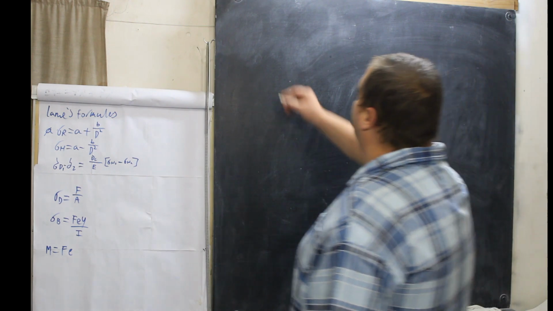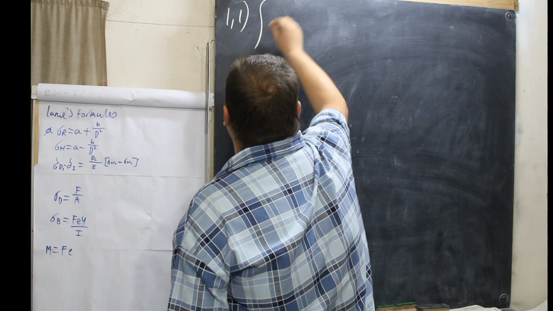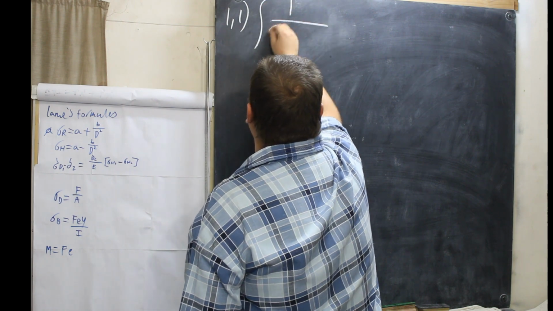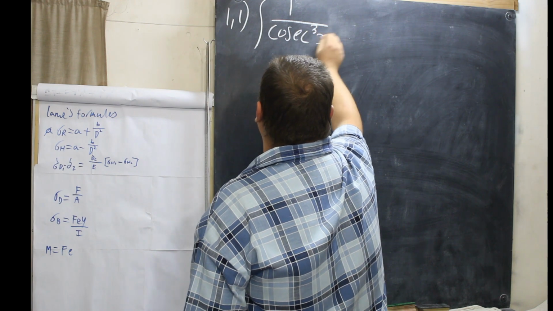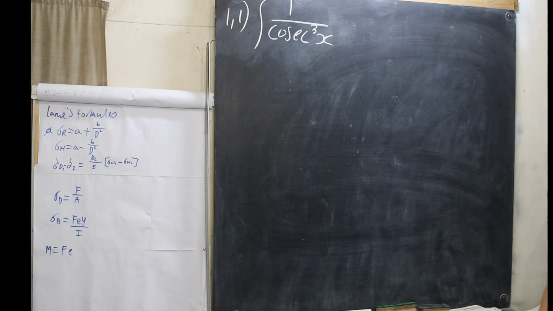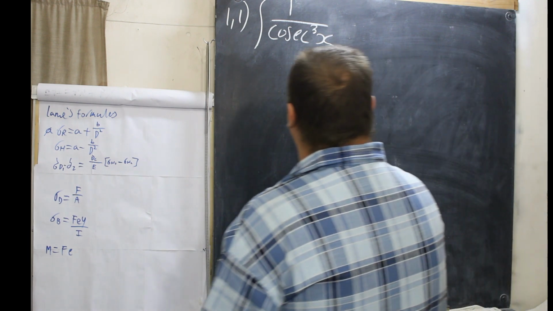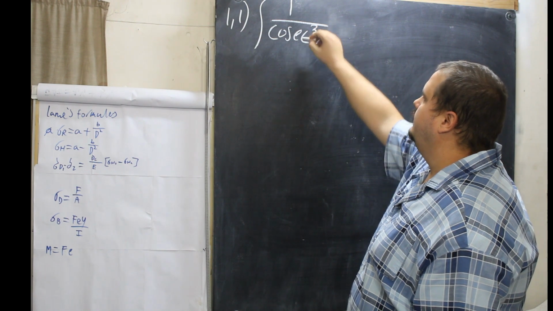Okay, this is question 1.1. The integral of cosec cubed x. The first thing you do, cosec's opposite is sine.